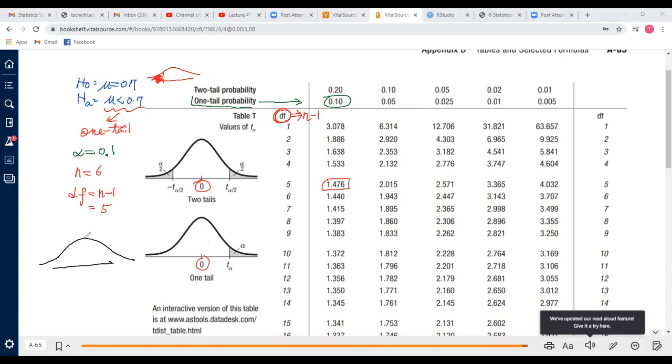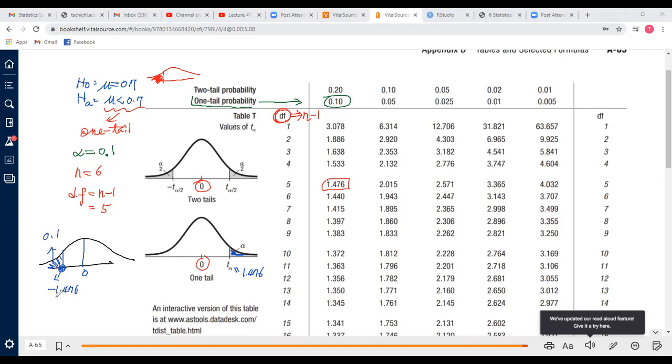The table value gives you this tail, so it's 1.476, but because I am in the left tail, this critical value is negative 1.476. And this tells us this is 0.1.